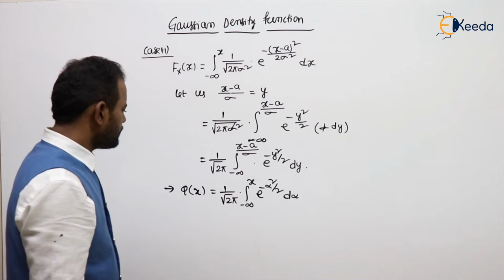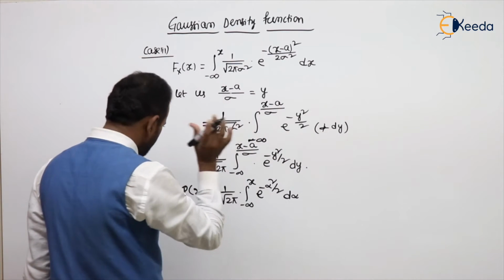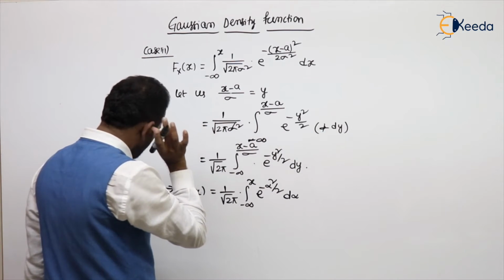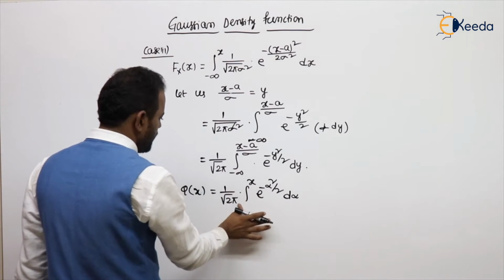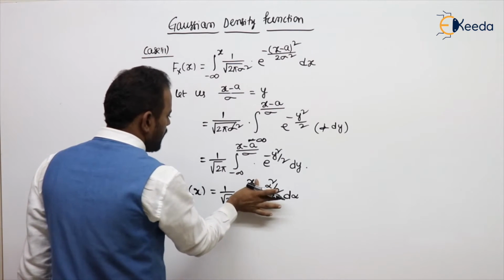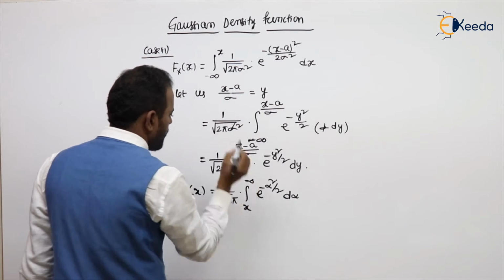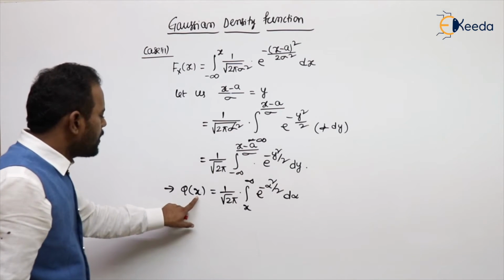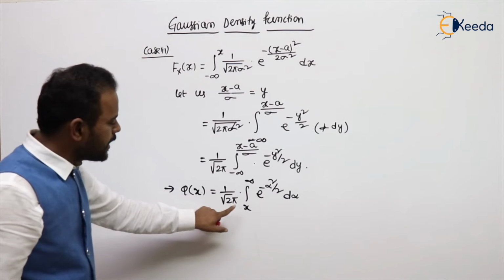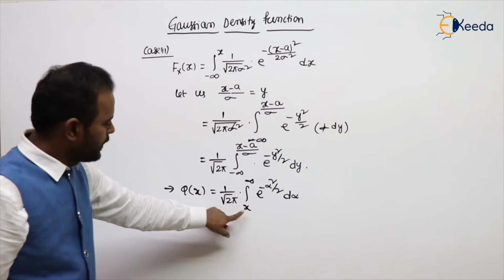Always, I written, I think in reverse manner, one second. Sorry, x to infinity. Always the argument of a Q function is equal to its lower limit.